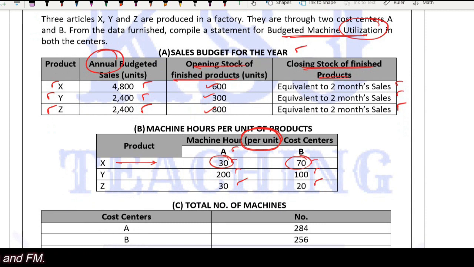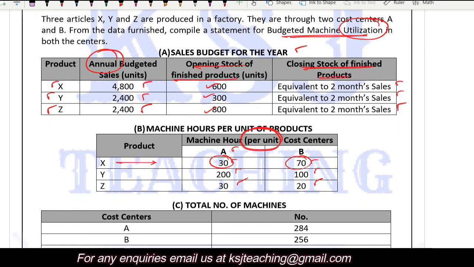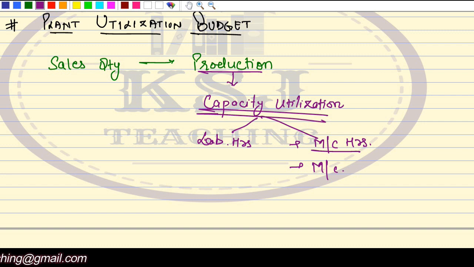The first, what is given? The sales budget is given to you, that this is the quantity that you want to sell. The annual budgeted opening is given, closing is given. What I told you, that first the sales quantity is decided, that is given in the question now. What about the production quantity, sir?